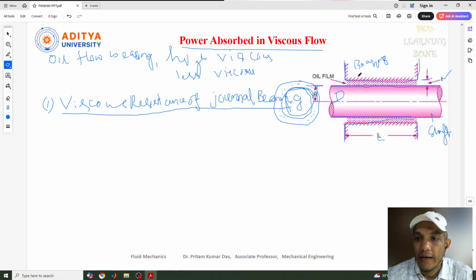As I told you, the clearance between these two parts is t. Now we are going to derive the equation for that, so let's see what terms are there.